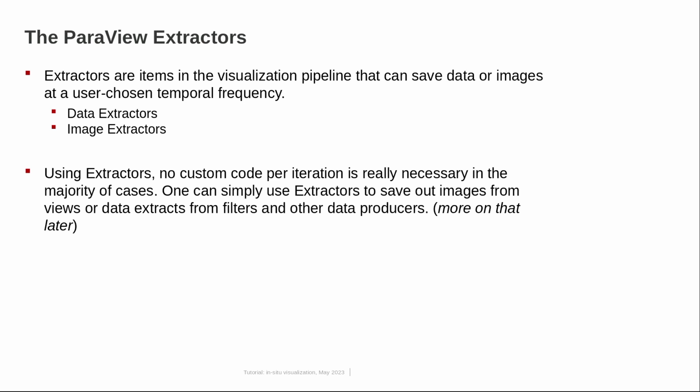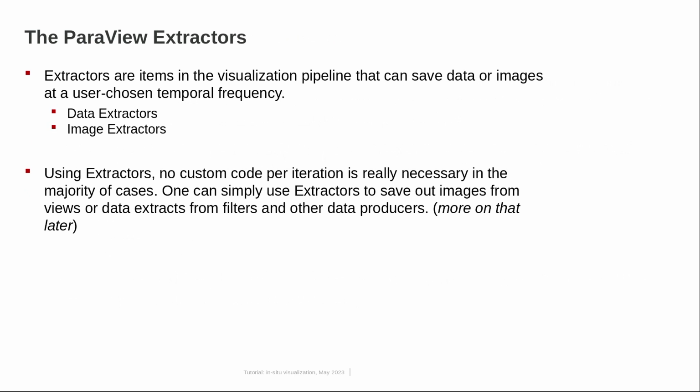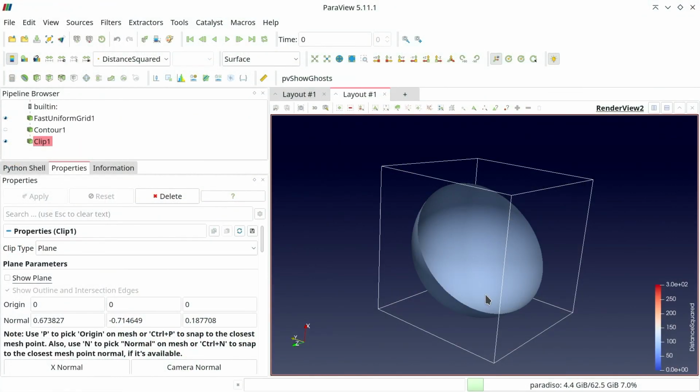So what are those objects? How do we create them? The answer is back to my ParaView session here. There was one little piece missing here. I'd say, okay, I want to save images. So let's create an image extractor.